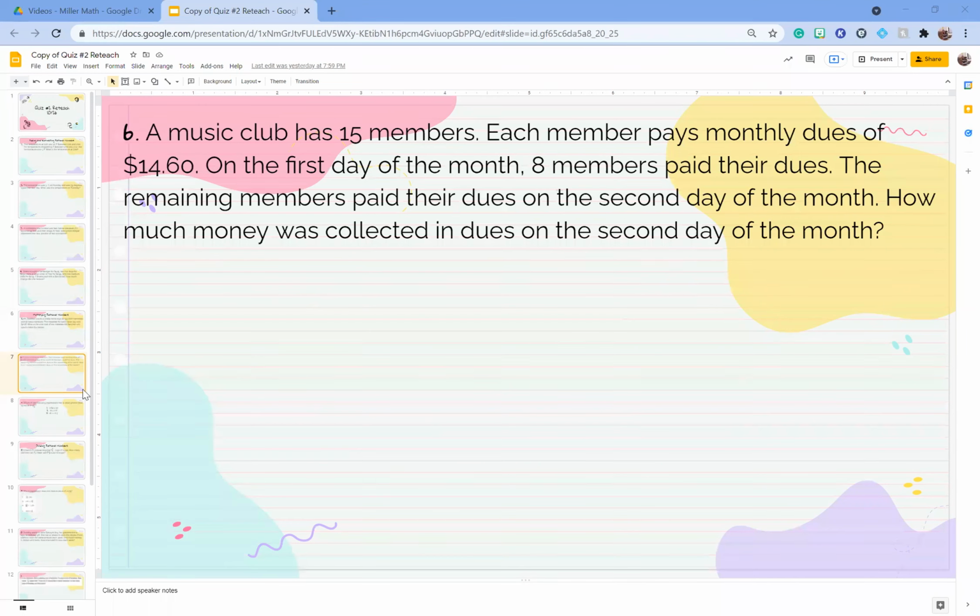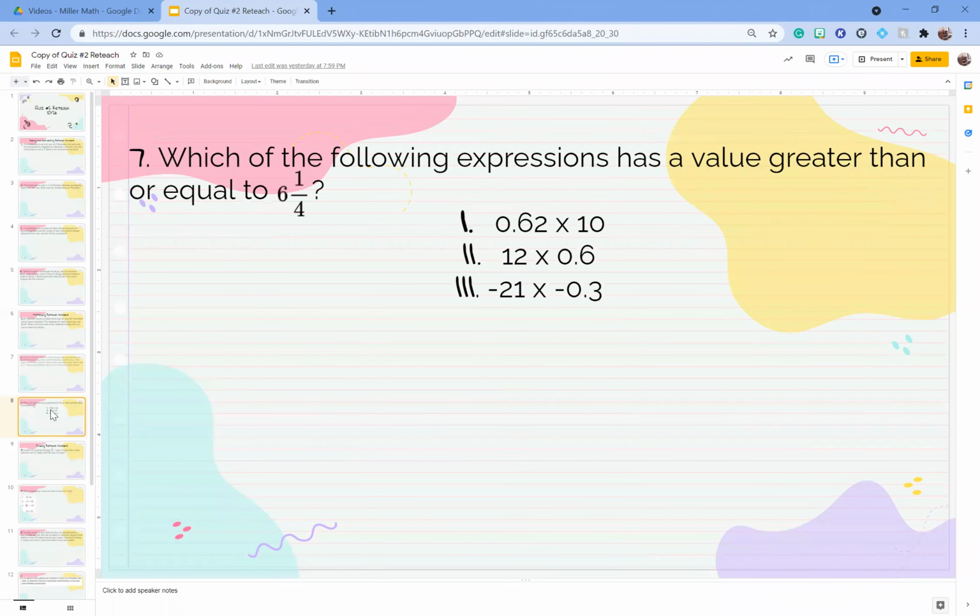Now let's move on to our last multiplying question here. Which of the following expressions has a value greater or equal to 6 1/4? So this whole thing is the question. Here is my number, and here are my keywords.